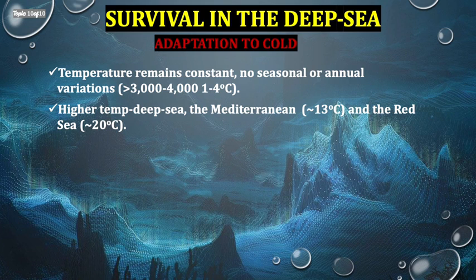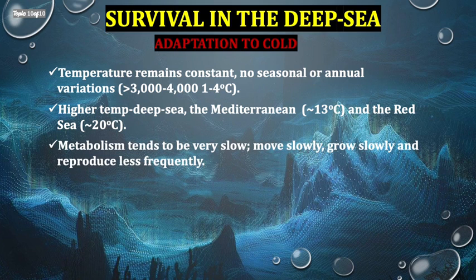However, there are a few exceptions, because the Mediterranean Sea has a temperature of 13 degrees Celsius, and about 20 degrees average temperature for the Red Sea. So basically, animals that live in these two geographic regions must also adapt to these average temperatures.